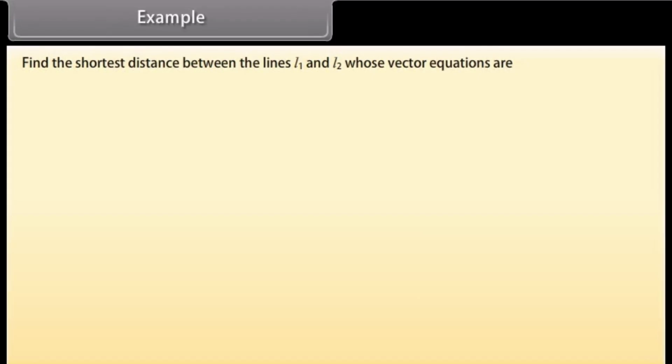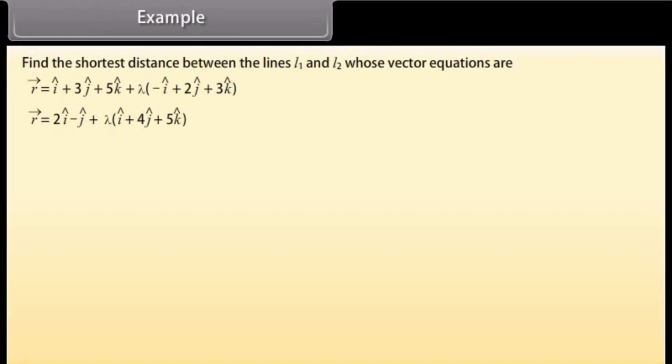Example. Find the shortest distance between the lines L1 and L2 whose vector equations are vector r equals i plus 3j plus 5k plus lambda times (minus i plus 2j plus 3k), and vector r equals 2i minus j plus mu times (i plus 4j plus 5k).